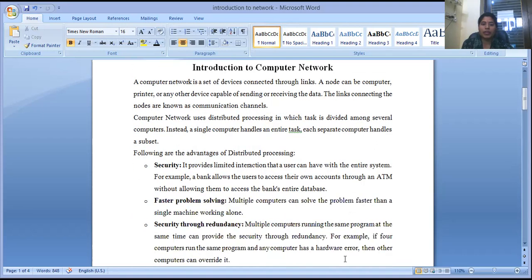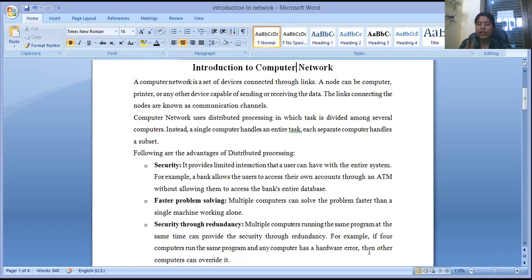Computer networking uses distributed processing, in which a task is divided among several computers. Suppose in a network area there are multiple devices used by you, and all devices are connected with one another. In a distributed manner, the task is divided among all the systems.